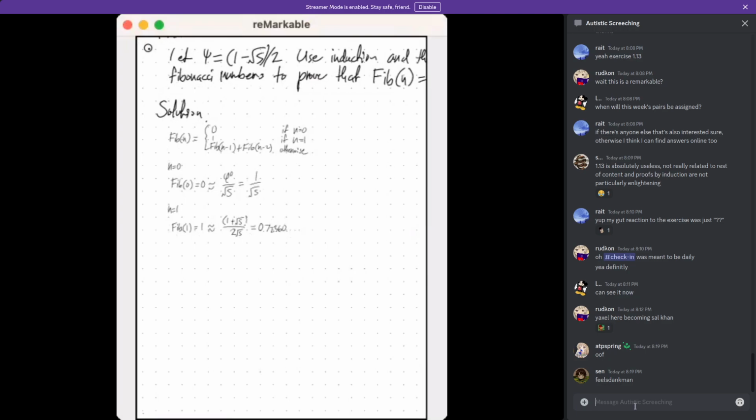So what I'm wondering here is, let's say we prove that the nth Fibonacci number is equal to phi to the n minus psi to the n over radical 5.